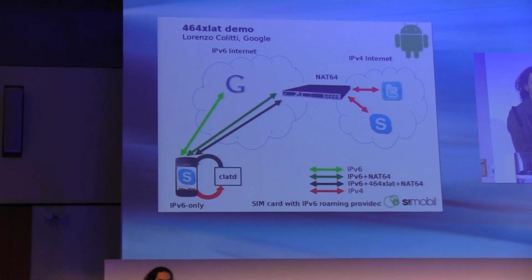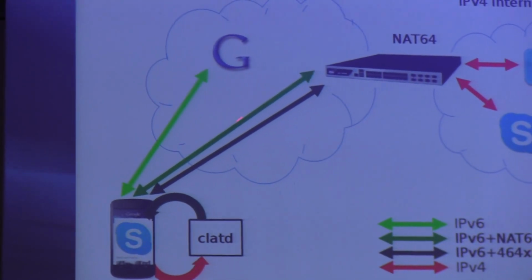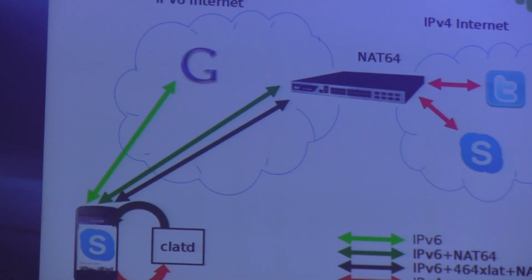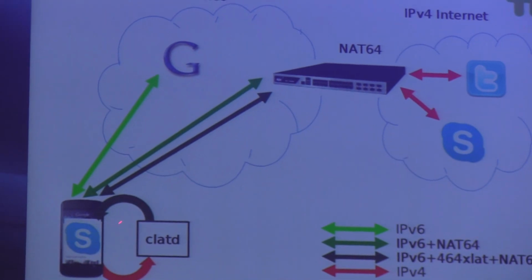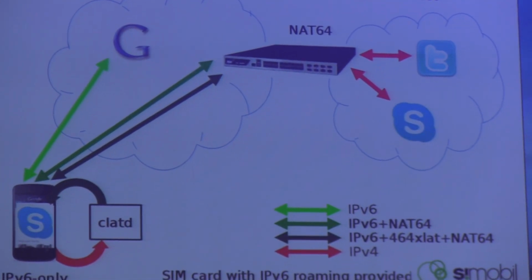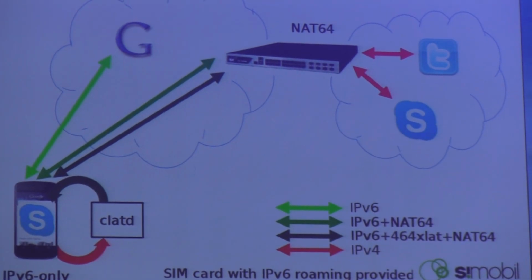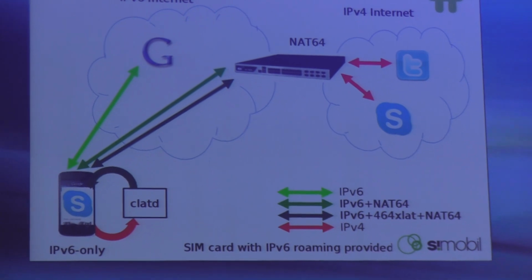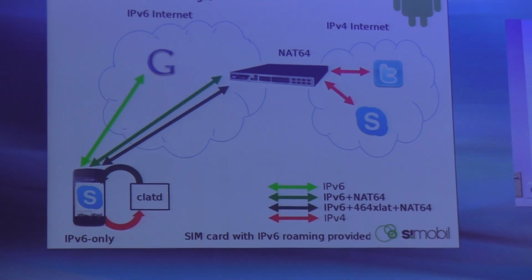The darker green is the medium green. I swear this was green on my screen. But the medium green is IPv6 going through NAT64 and going to, say, Twitter, or any other IPv4 website that works behind NAT64. And the dark green, which, okay, looks black, but it's dark green really.